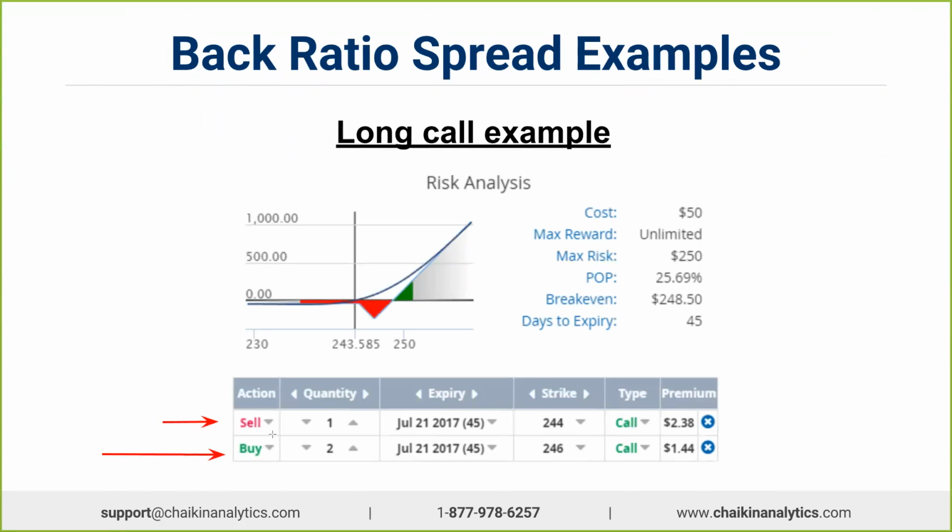For instance, if the delta on the one we sell is, let's say, 0.5, we have a 0.5 delta here. Then in this case, we're going to have two of these. We would want this delta to be a negative 0.25.